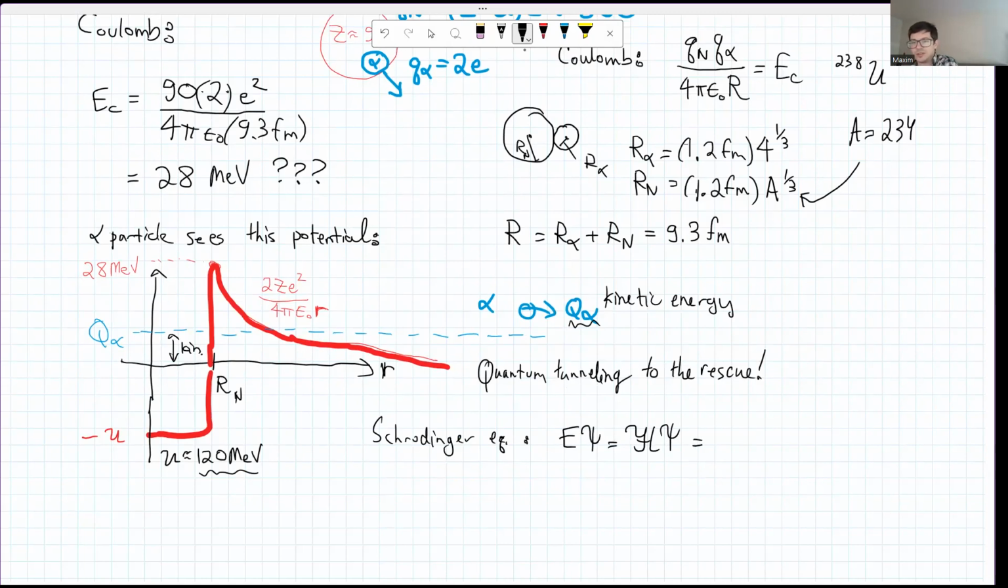And the Hamiltonian is a combination of the kinetic plus the potential energies.